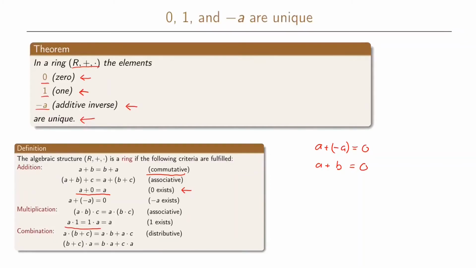Since we know that the 0 element is unique, we can write a plus minus a equals a plus b, which means that negative a equals b. So we have shown that the additive inverse is also unique.